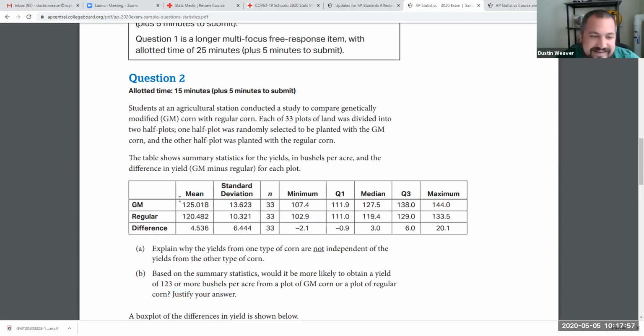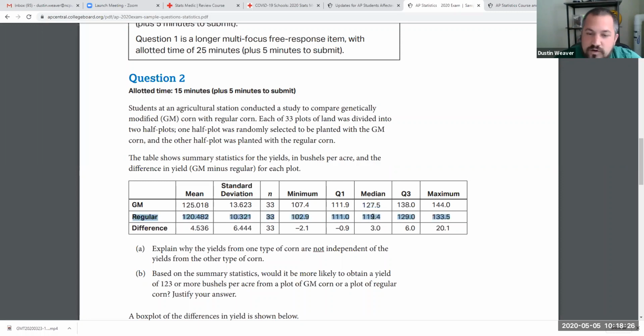There's two options. It does have a higher mean, but remember the mean can be affected by outliers. So we don't necessarily want to use that because the mean will get pulled. This is the key right here, the median. If you look at the genetically modified corn, the median is 127.5. That means 50% of the plots have more than 127.5 bushels, right?